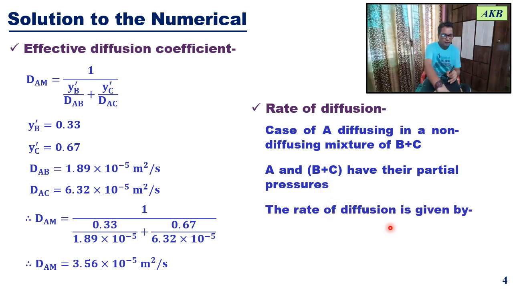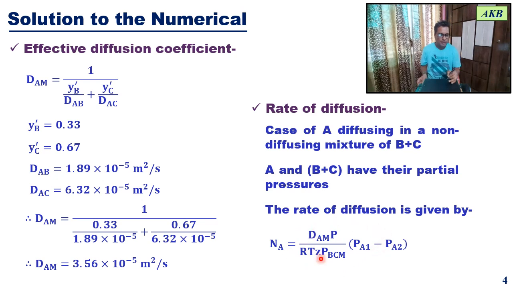The rate of diffusion for this case is given by this formula. Again, how the formula is applicable over here, I have discussed in my previous video. So it is Na is equal to DAM into P divided by RTZ PBCM into PA1 minus PA2. Right now, PA1, PA2 are not known to us.